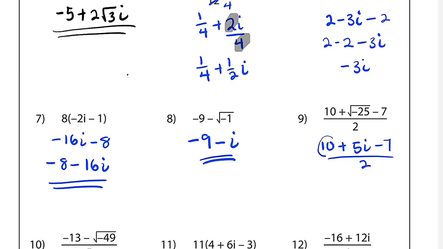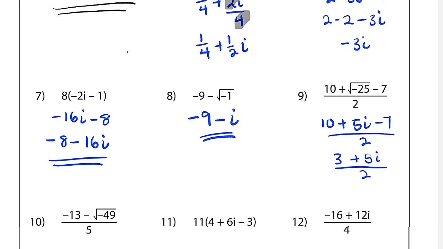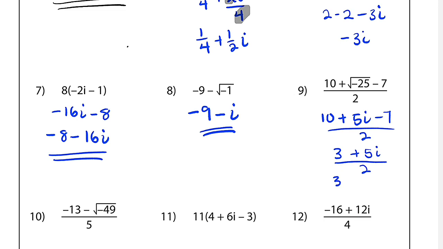Already you can see we have real part and another real part here. So 10 minus 7 is 3. So we have 3 plus 5i all divided by 2, right? So finally we can express this as 3 divided by 2, then plus 5 divided by 2, then i.